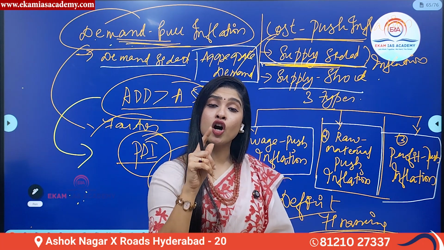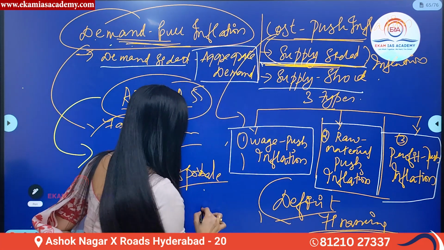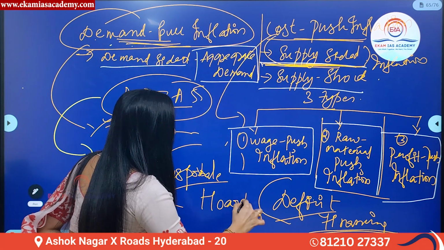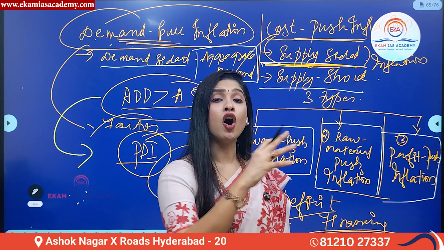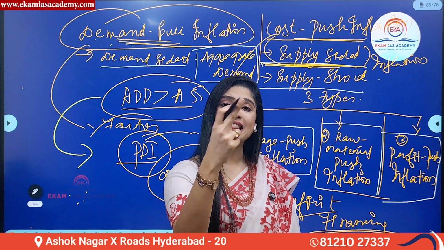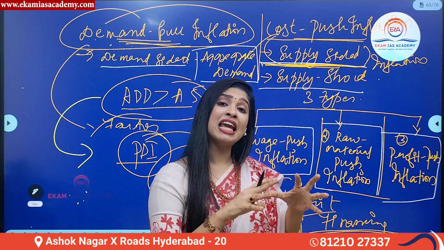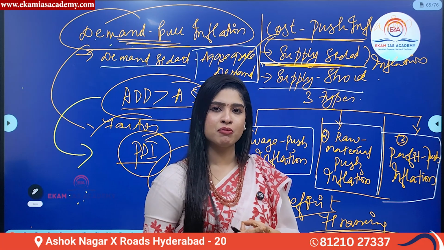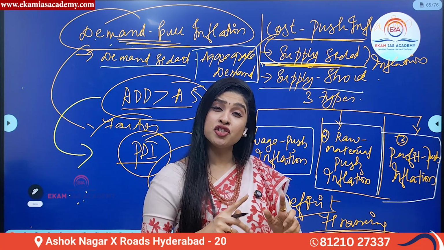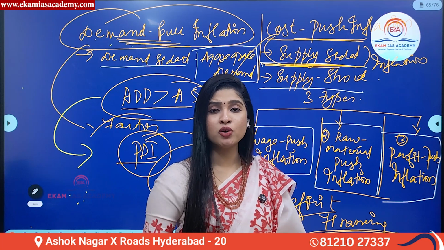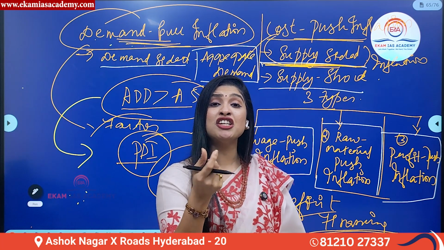Another reason causing cost push inflation is hoarding. What is hoarding? Hoarding means stocking or piling up of commodities. When there is hoarding or administered prices, that is also a reason for cost push inflation. Sometimes, even though there is production of one particular commodity, for example, there is sufficient production of tomato, but just to increase the price of tomatoes, producers or suppliers will start showing artificial scarcity.